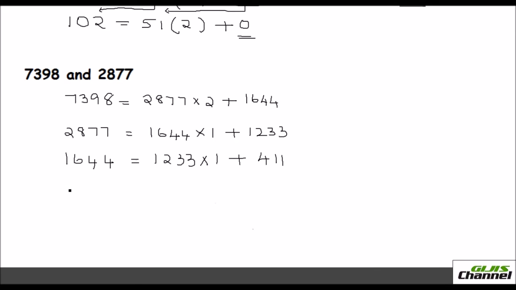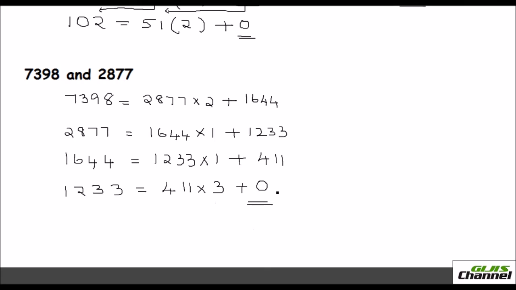Now take this 1233 to the left side, and then bring down this 411 here. I think this could be done 3 times, right? That is exactly 1233 when I multiply 411 with 3. So I don't have any remainder. My remainder is 0, and there the problem ends.